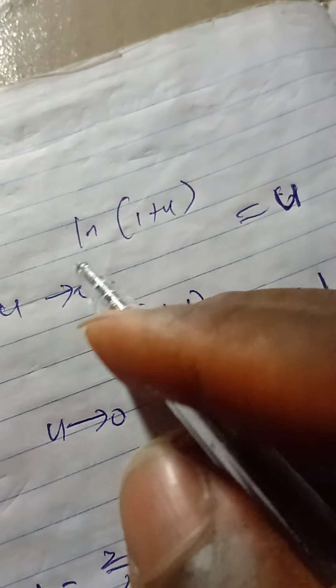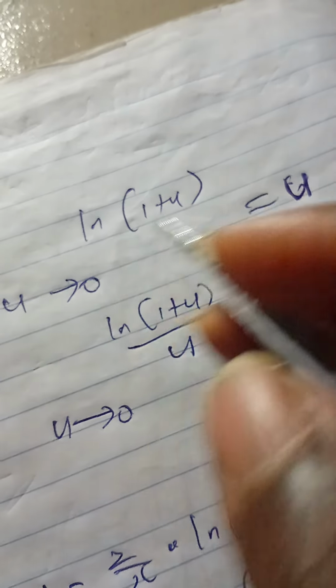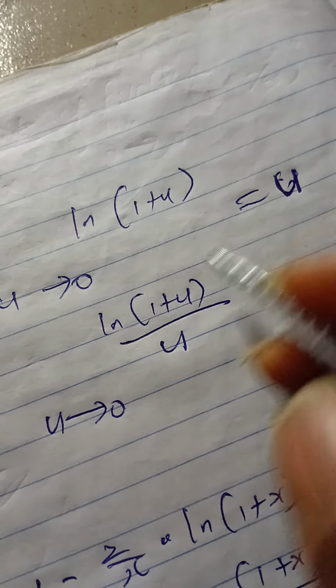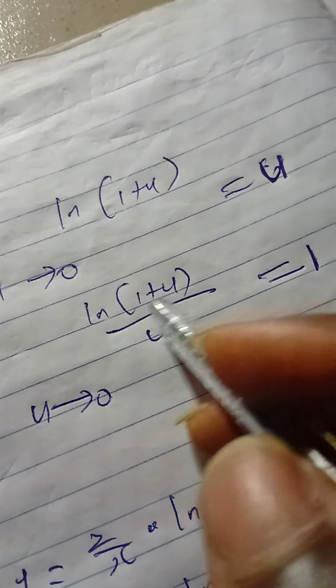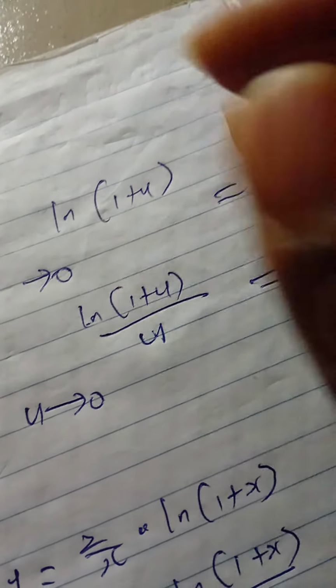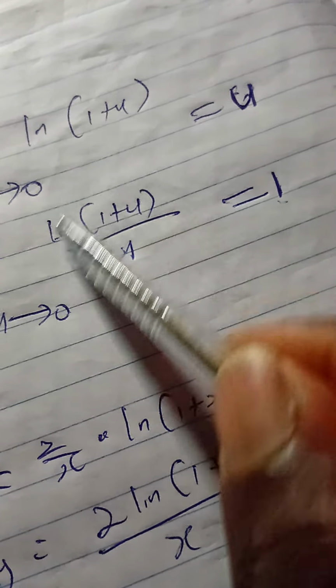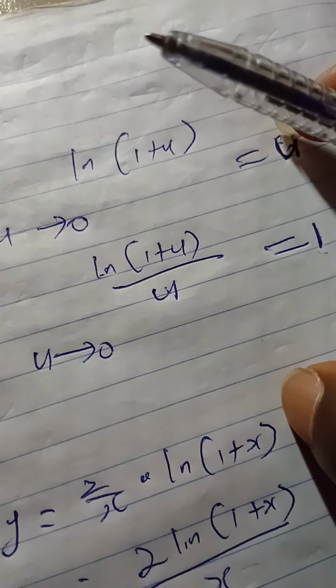Are we together? Take note of that. So if this one equals u, then u over u is 1. You can use L'Hopital to prove that this is 1. But these are standard limits you need to know. Very important.